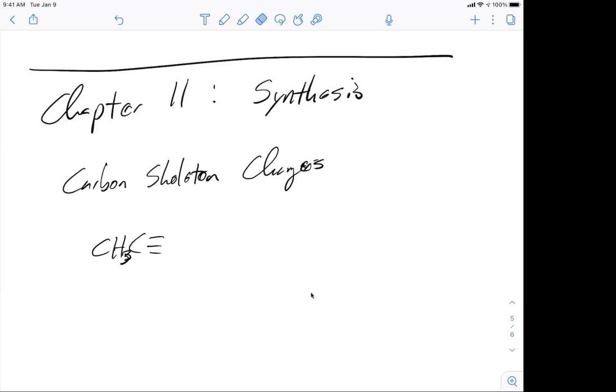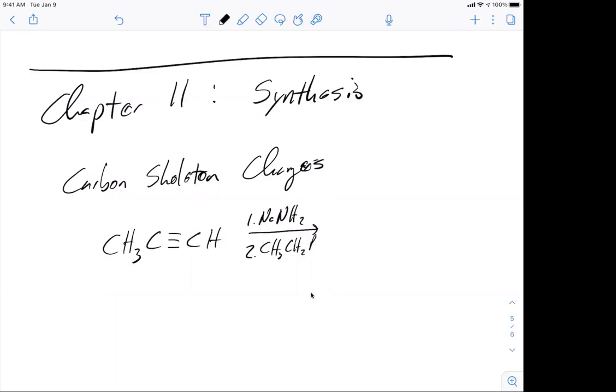Let me start over. We can take the acetylide process, right? And we can add carbons.